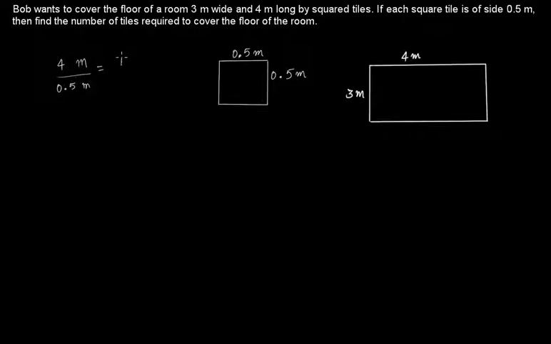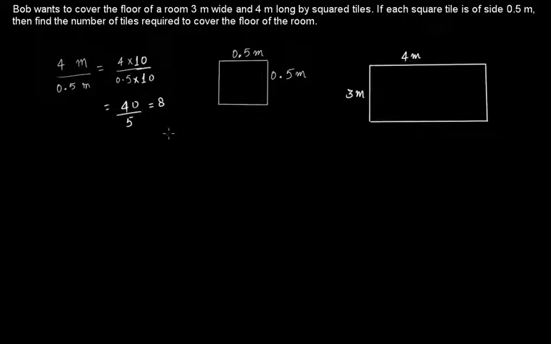I'll multiply the numerator and the denominator by 10. This is the concept of creating an equivalent fraction. So this will be 40 divided by 5, and this will be 8.